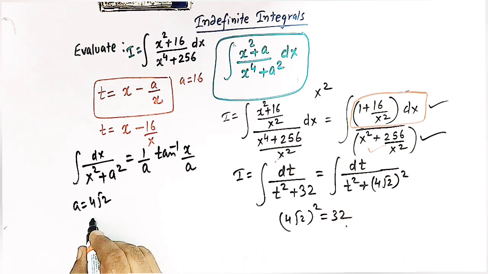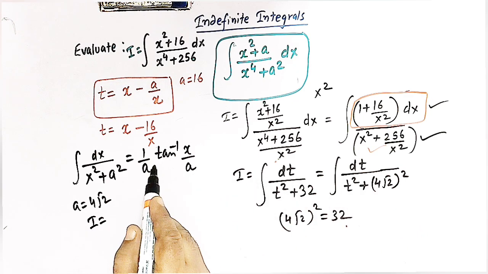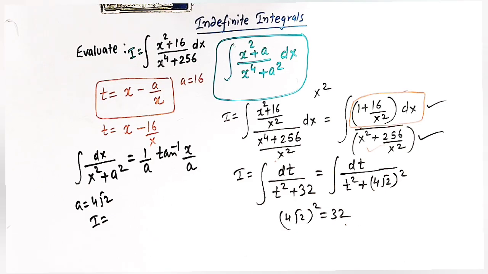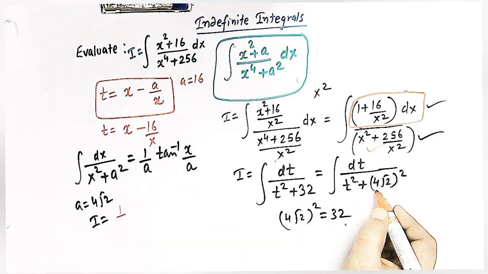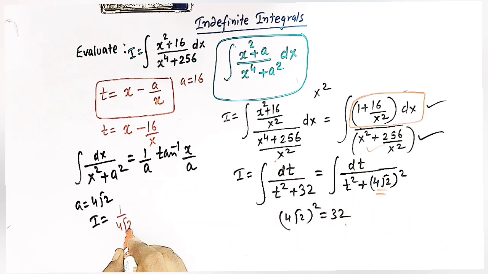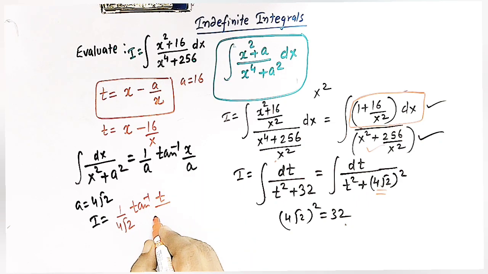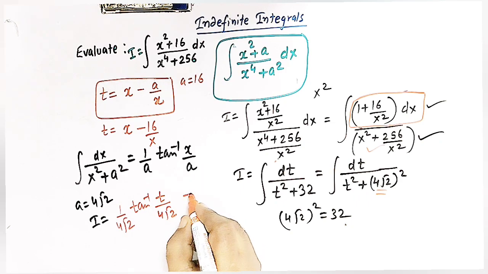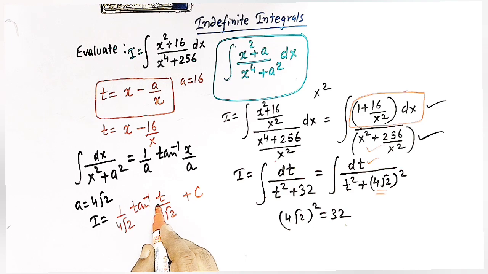So now the value of this integral I can be written with the help of this result. So we have 1 over a is 4 root 2, then we have tan inverse t over a is 4 root 2, and c is the constant of integration, right? So here this integral has the variable t, that's why here we have the variable t.